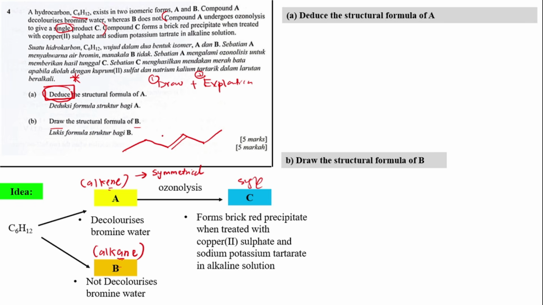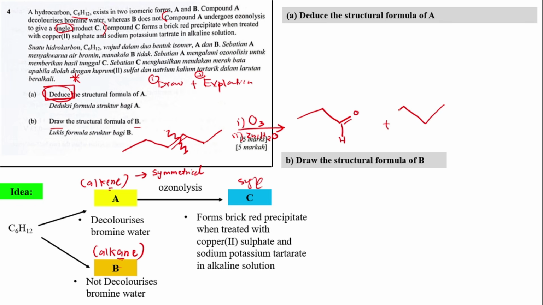Because when it undergoes ozonolysis, ozonolysis will have the reagent of O3 with zinc and H2O. When it undergoes ozonolysis, it's going to break this bond via oxidative cleavage. So what you're going to get is aldehyde. Sebelah kiri akan dapat aldehyde. The same goes for the right hand side.